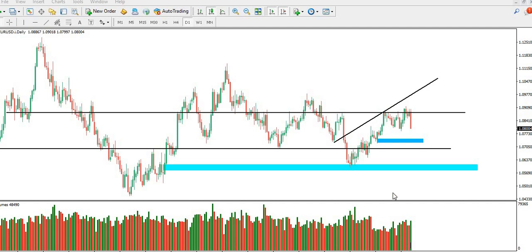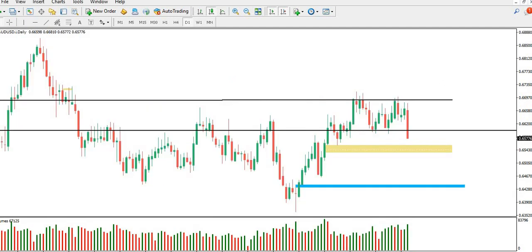But for Euro USD and GBP USD, the probabilities are that the bearish move can continue in the coming week or even in the coming weeks. Now let's move toward AUD USD, and at the end we will forecast the gold market.